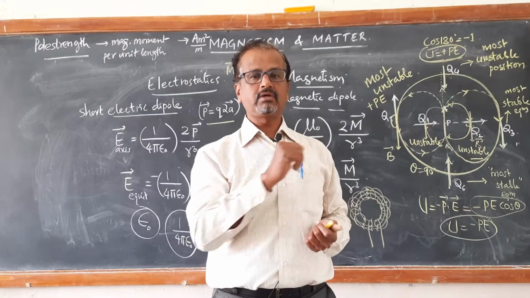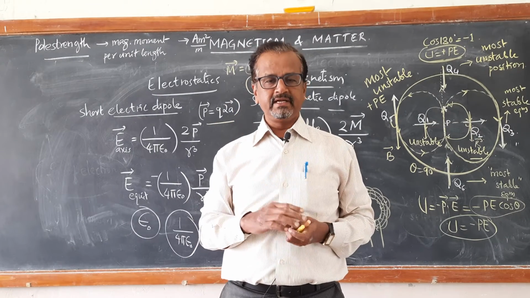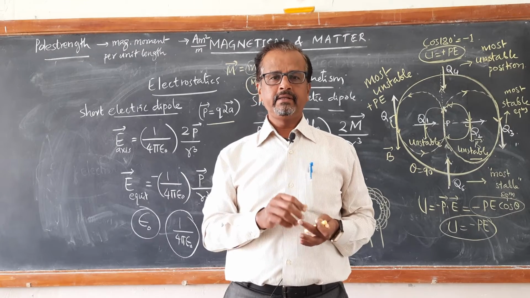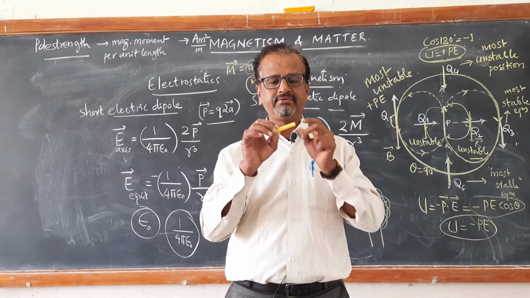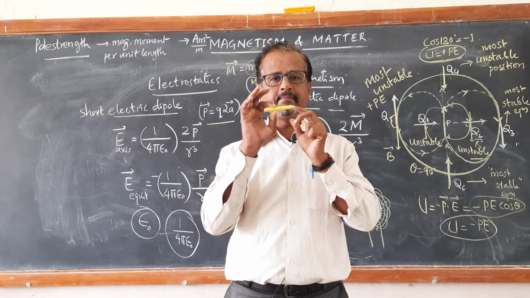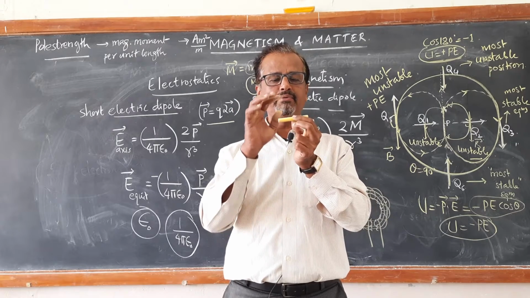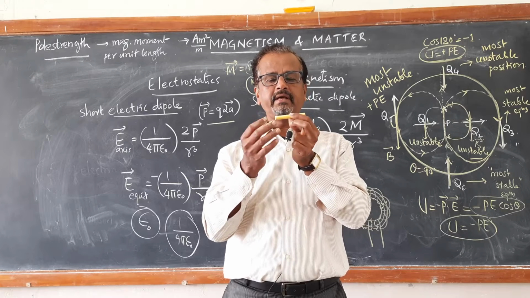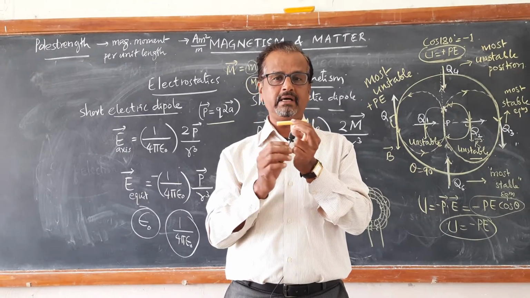But if a thread is not given, if you are not allowed to suspend it freely, then how to test? Then we know one property, that if it is a bar magnet or any magnet, then the strength of the magnet will be maximum at the poles. At the north and south poles you will find maximum attraction.